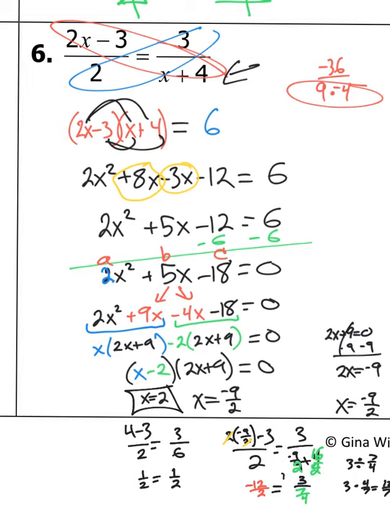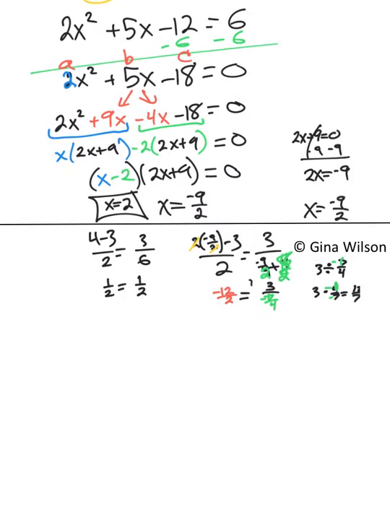So if this is a 2, then 2 times 4 would be 8, which would give me negative 1 over 4. Sorry, sometimes when I make mistakes, I feel like I try to do it too fast here.